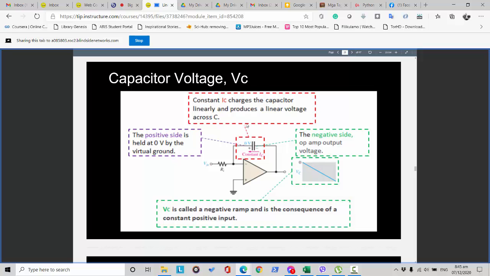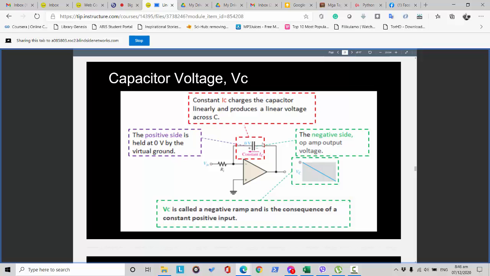So getting back to the capacitor voltage, or VC, this is an illustration where you can see that the positive side of this capacitor is held at 0 voltage by the virtual ground. Now we have a virtual ground here, and the current is constant, and it charges the capacitor linearly and produces a linear voltage across this capacitor.